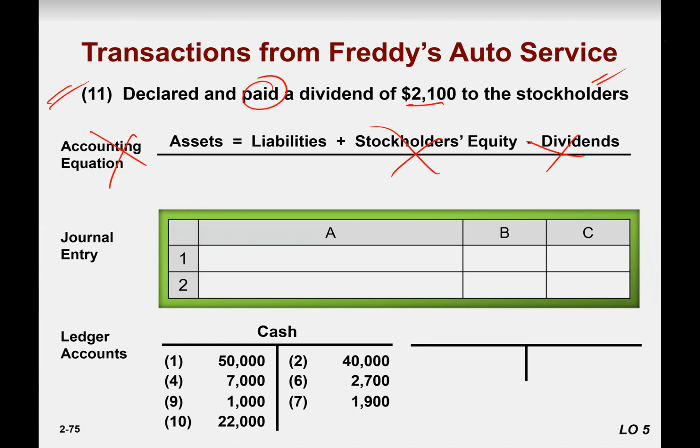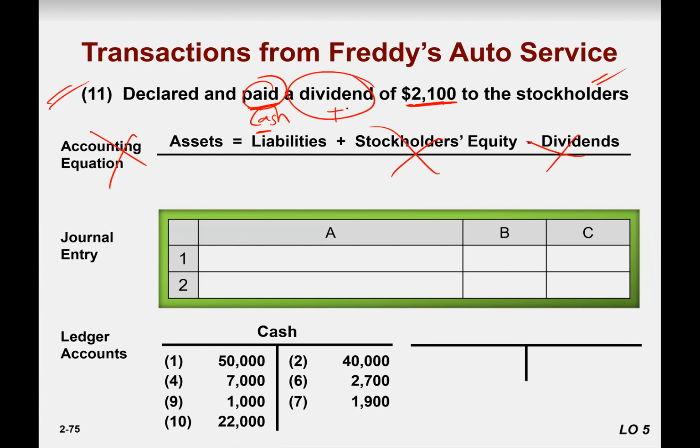Yes. So which two accounts are going to be hit by this transaction? You paid dividend 2100, and 2100 is your cash. Dividend is a separate account. So when you pay cash, does cash decrease or increase? Decrease. When you pay dividend, does dividend increase or decrease? Increase. So what is the entry here?